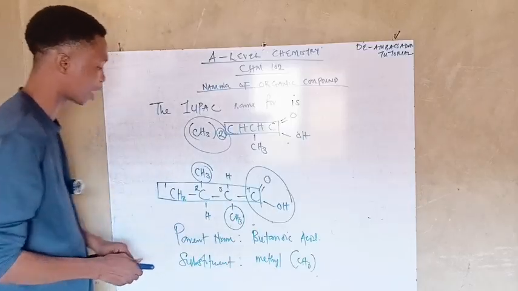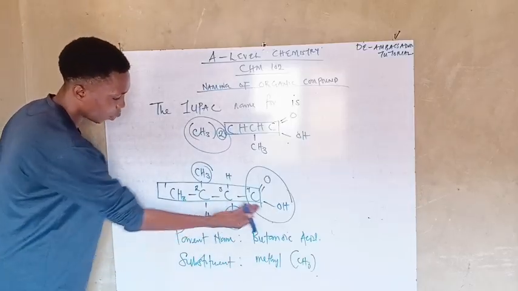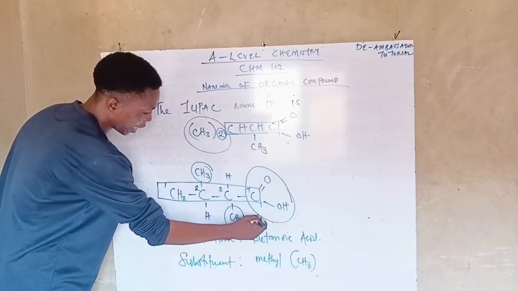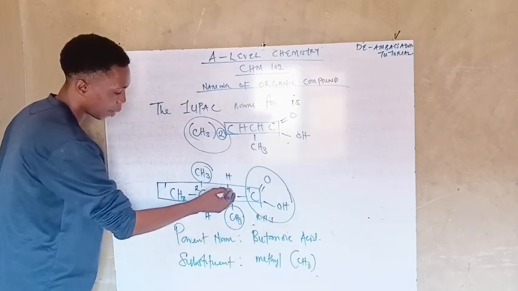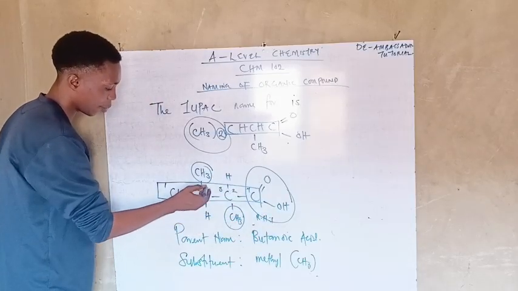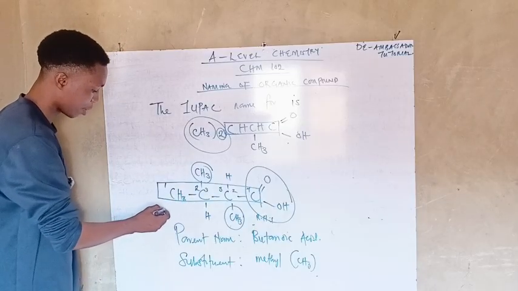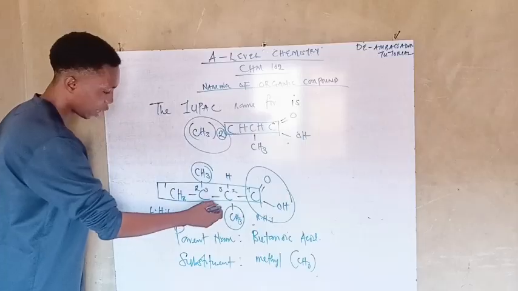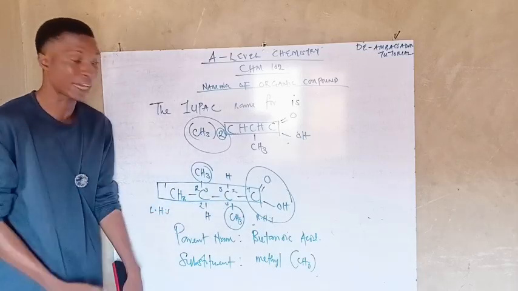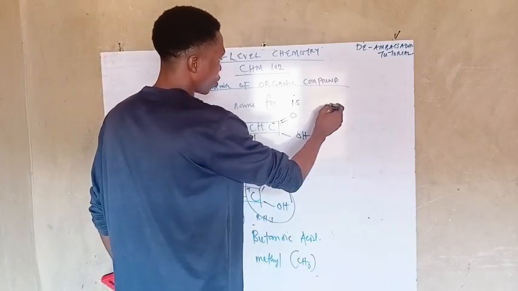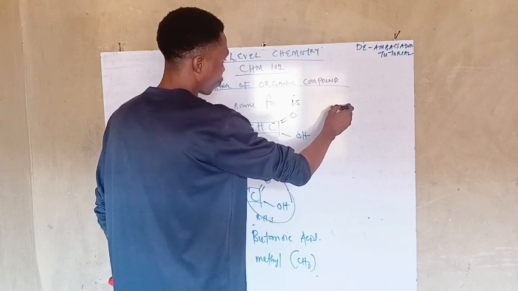Methyl. And if you look at this carefully, the methyl is found when you start from your right hand side, on carbon 2 and also on carbon 3. And likewise, when you start from your left hand side, the methyl is found on carbon 2 and also on carbon 3. In that case, if I want to name it, I would have called it 2, 3.